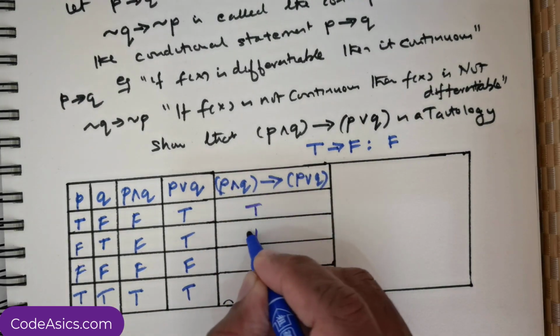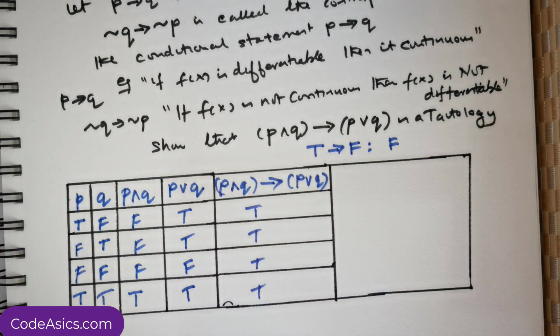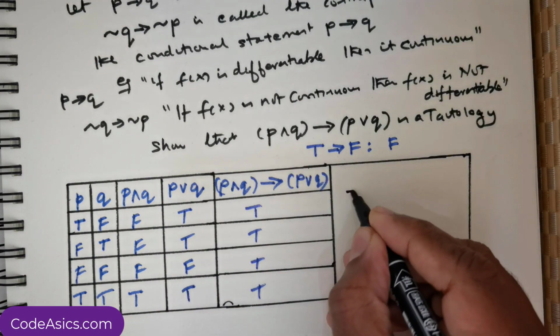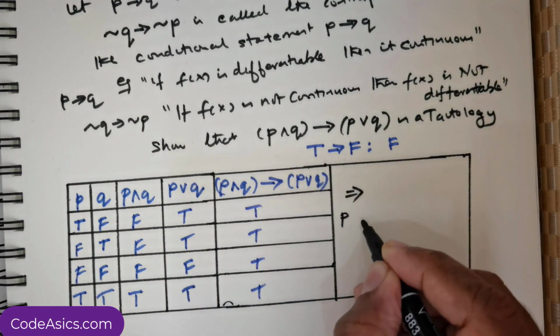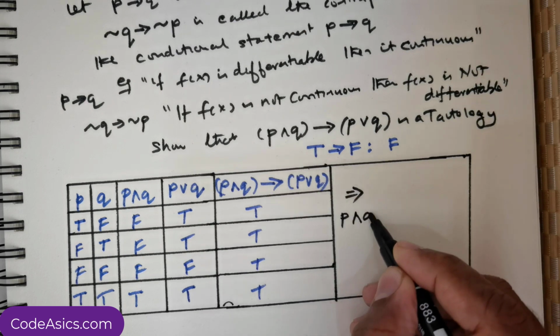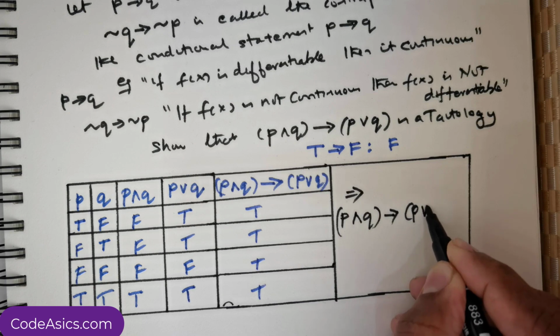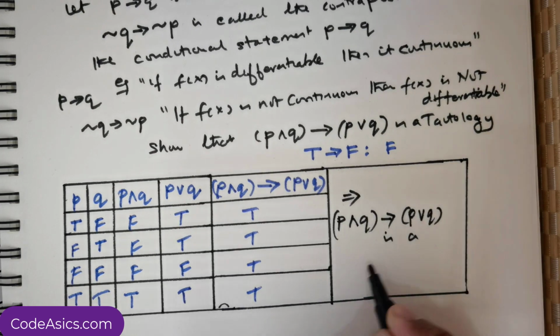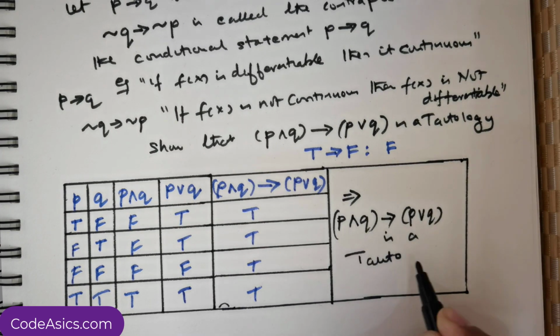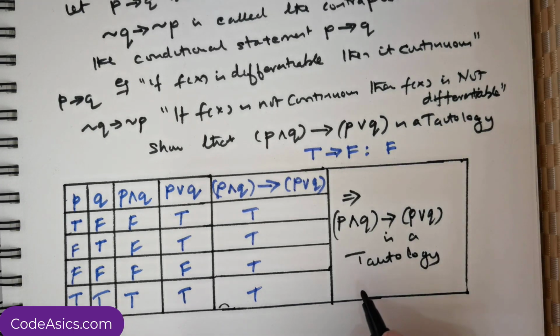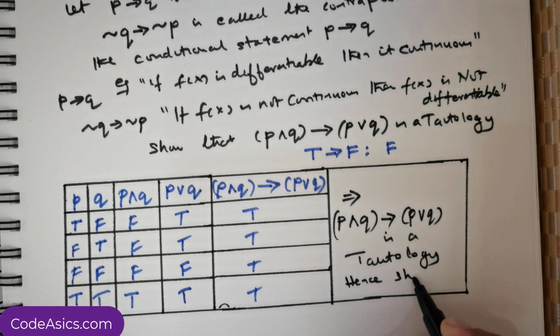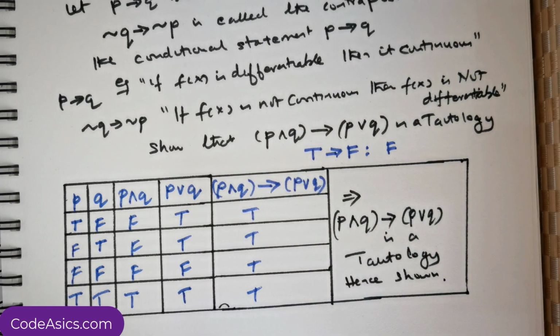So all the other things is going to be T, T, T. So this would mean P conjunction Q, conditional P disjunction Q is a tautology. Hence proved. Now you can simply state hence shown. So that's a lovely question. So we move on to the next one.